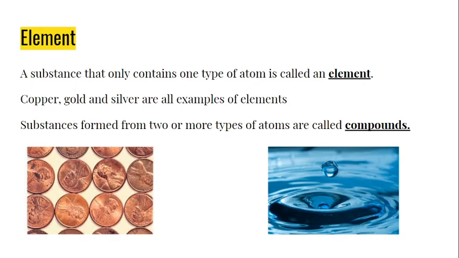When you talk about water, sometimes you'll refer to it as H2O. And when you refer to it as H2O, you are calling it by its name as far as compounds go. And the H2 stands for two hydrogens, and the O stands for one oxygen. So two different types of atoms are present in water, and that's what makes it a compound.